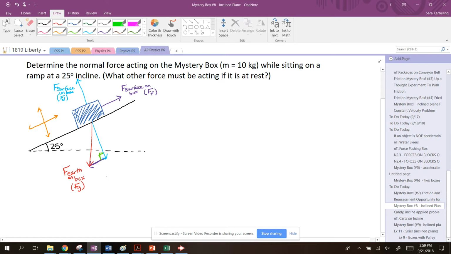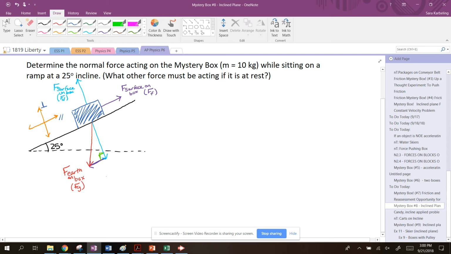That makes me sad. We want to be happy. We want to do physics. That's our plan. So we're not going to call them X and Y. We're going to keep it simple here. We're going to call them parallel and perpendicular. Does that make sense? One of them's parallel, one of them's perpendicular. I don't care how steep it is. It's always parallel and perpendicular to the surface. Because these two forces are always based on the surface, right?